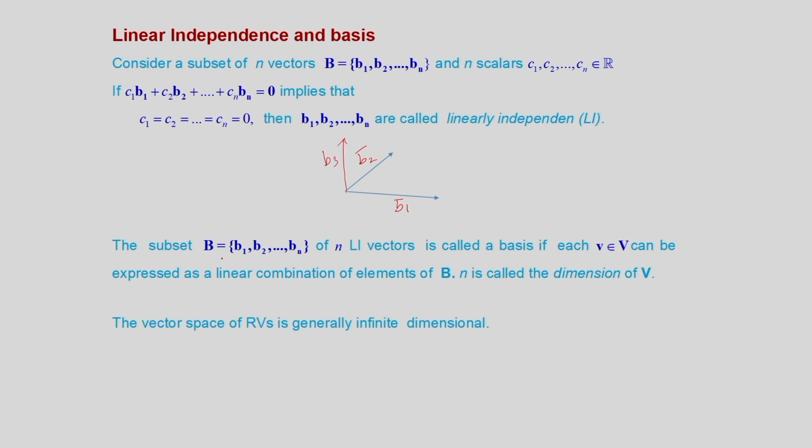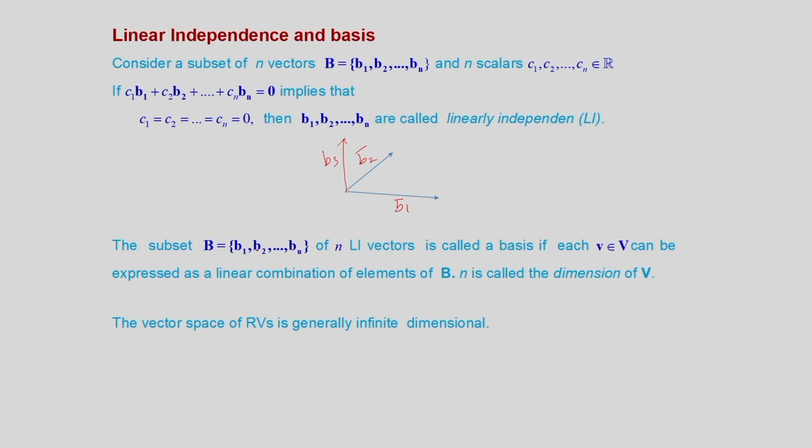The subset B = {B1, B2 up to Bn} of n LI vectors is called a basis if any vector V belonging to the vector space V can be expressed as a linear combination of elements of B. So, there are n elements and we can express any vector in V as a linear combination of these n vectors, and in that case n is called the dimension of V. Therefore, what is a basis then?